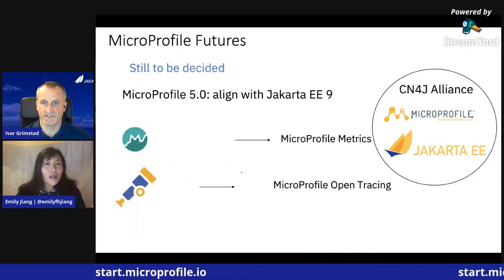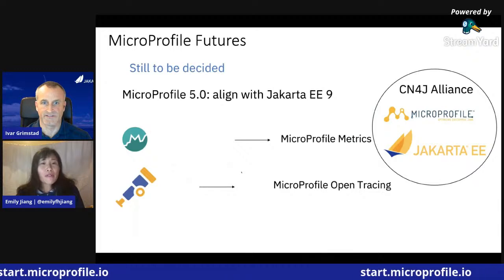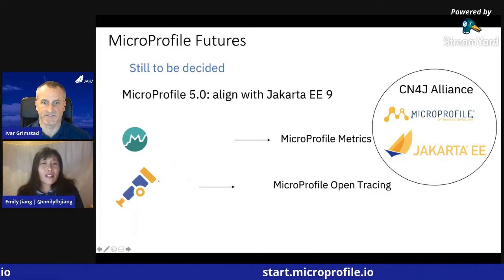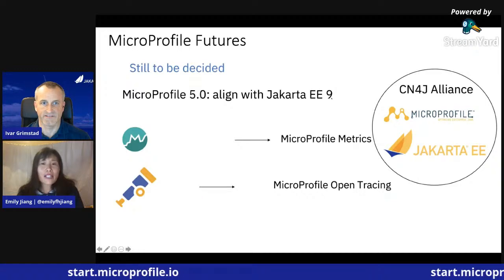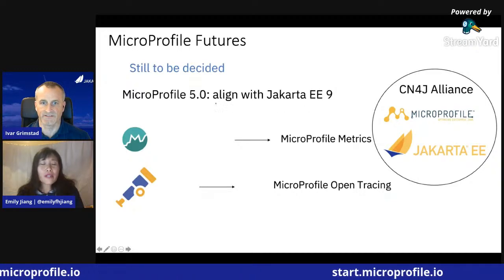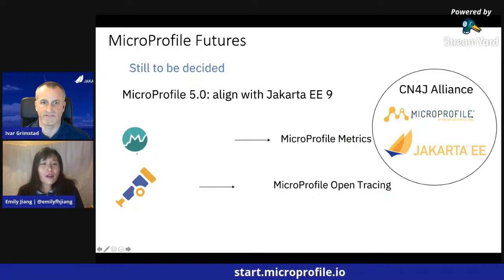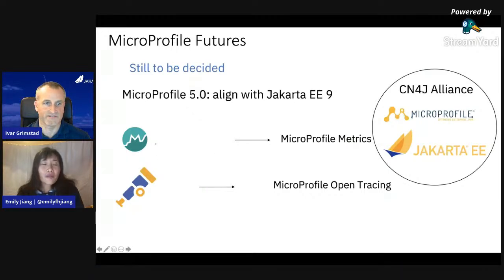So this is a quick word about the MicroProfile future. As we mentioned earlier, we're trying to work on 5.0 aligned with Jakarta EE 9. Hopefully we can do that in June. We're also trying to adopt Micrometer. Maybe we refresh MicroProfile Metrics to support Micrometer, because a lot of Spring developers use Micrometer, which is quite popular nowadays.